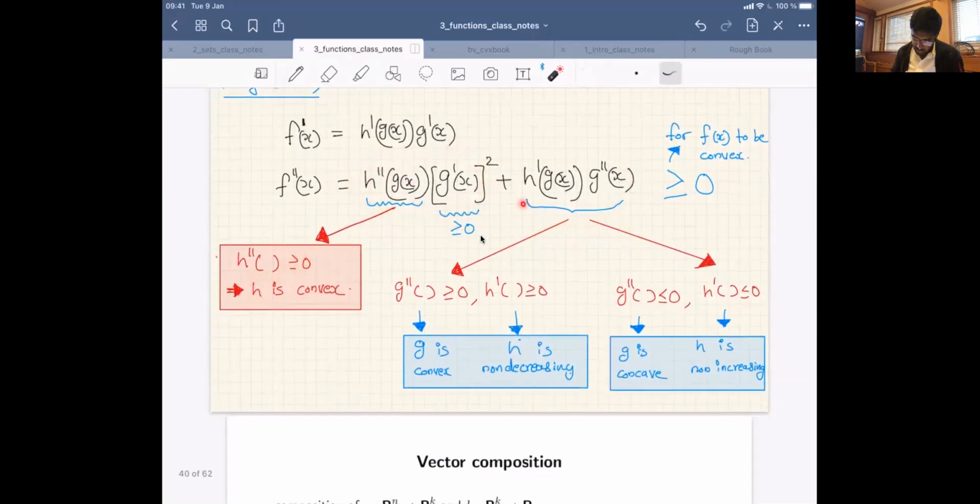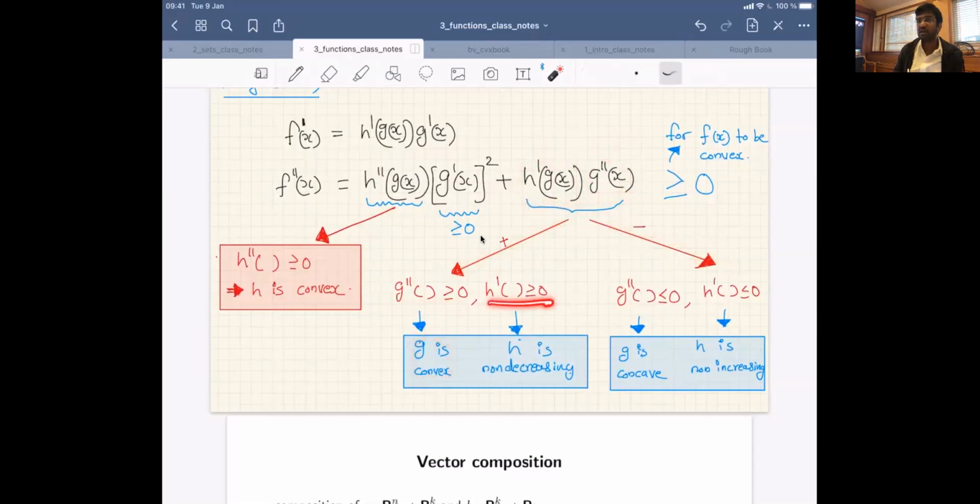Second term, we have two quantities here. Now this can be positive under two conditions: either both these guys are positive, or both these guys are negative. First, both are positive. So g double dash is positive, that means g is convex. h dash is positive.